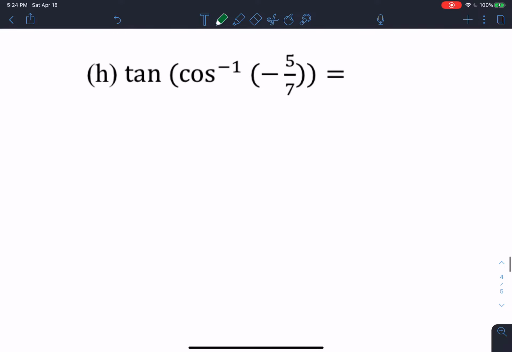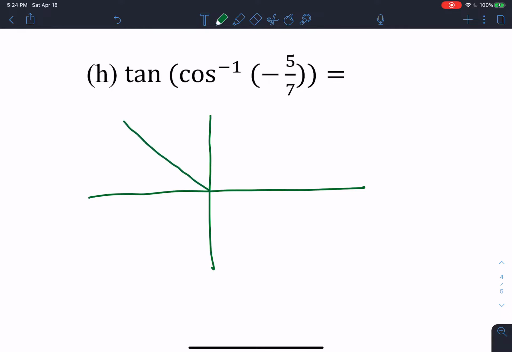Okay, and then the last one, we got tangent of inverse cosine of negative 5 over 7. The only place where inverse cosine is negative has to be in quadrant 2. So if I draw my triangle, I know this is going to be negative 5, and this is going to be 7. So the difference between the two, what is that?